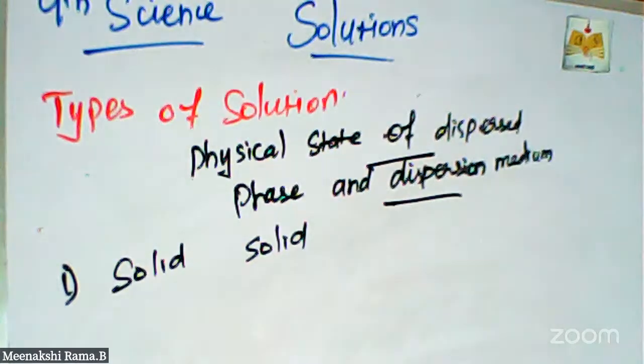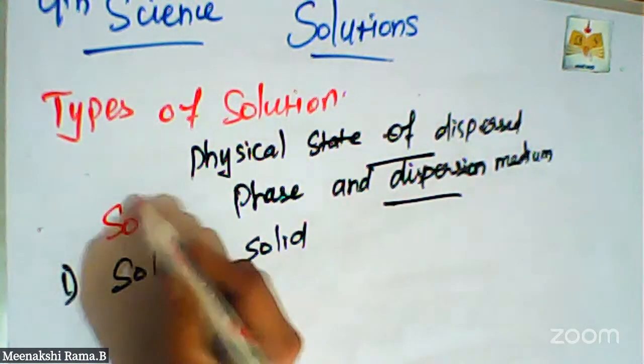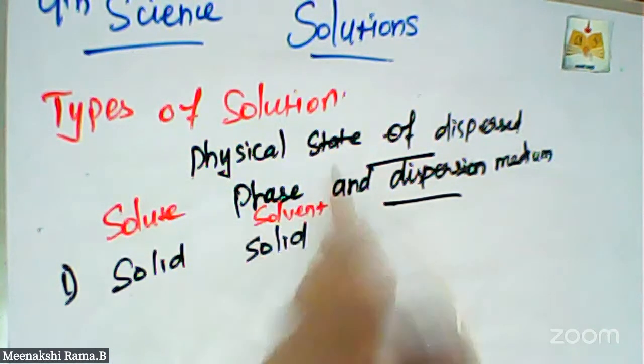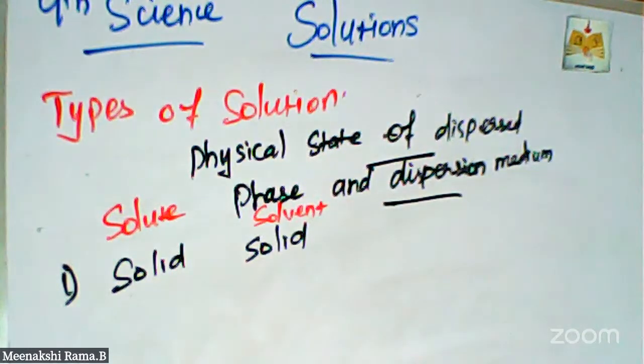First one is the dispersed phase, that is solute. This is solvent. Solute and solvent are mixed to form a solution that is called a solid solution.